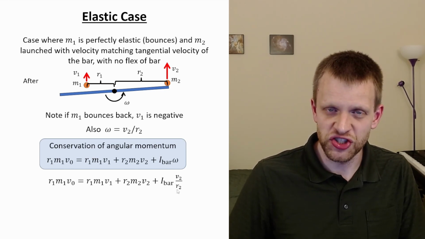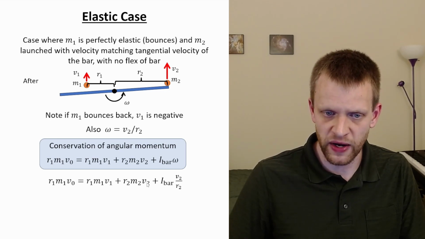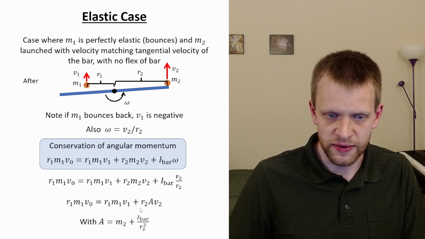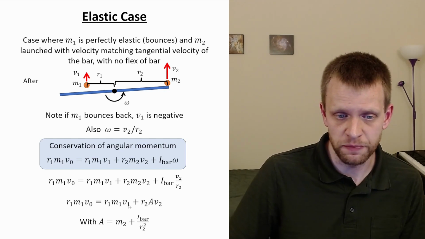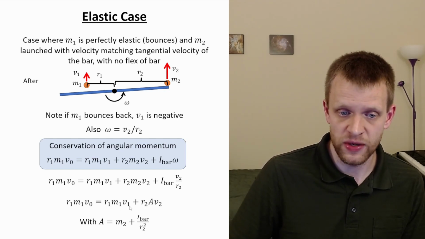To simplify the algebra a little bit, I'm going to combine some terms, because notice we've got a V2 on both of these terms. I'm going to factor that out, do a little bit of rearrangement, and say that my conservation of angular momentum equation becomes R1 M1 V0 equals R1 M1 V1 plus R2 times this value of A.